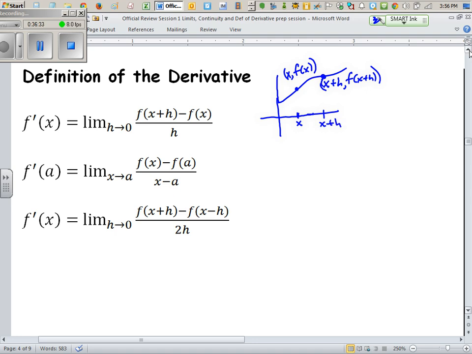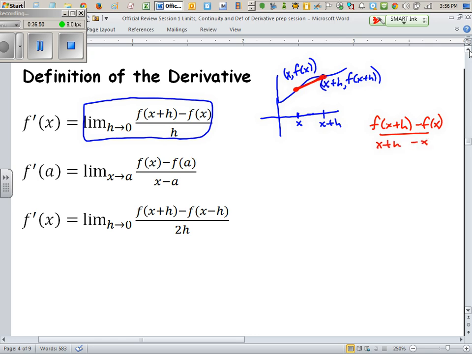What you're looking at here is the slope between these points. If you want to find the slope of this line, you would do y2 minus y1 over x2 minus x1. But what's x plus h minus x? It's just h, right.